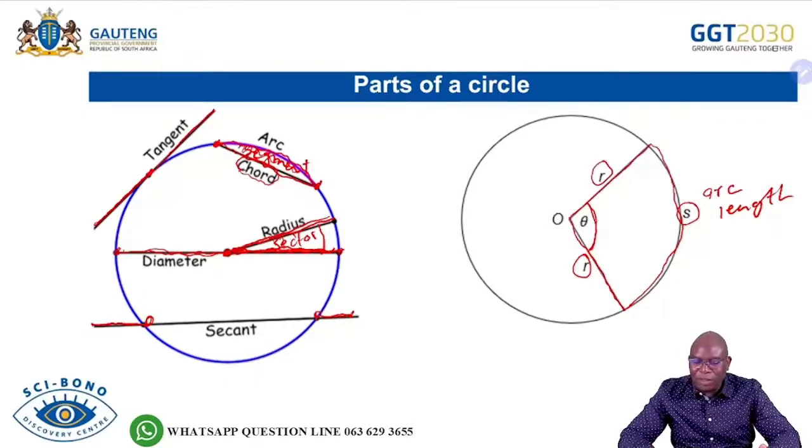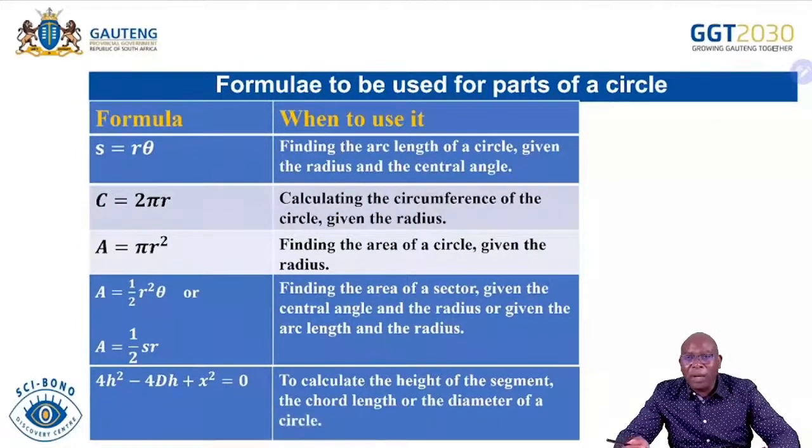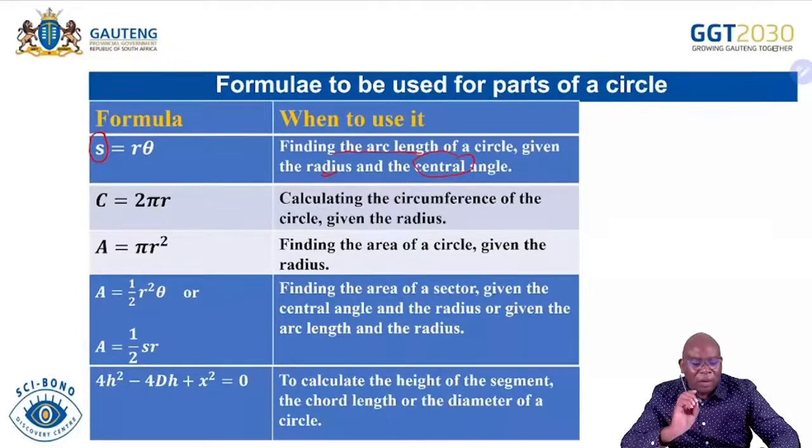Now, to the activities. Before the activities, we have the formulae that are going to be used for parts of the circle. Here we talked about S, which is going to be the arc length. When do you use it? Finding the arc length of a circle given the radius and the central angle. You remember I talked about the central angle. So S will be the arc length.